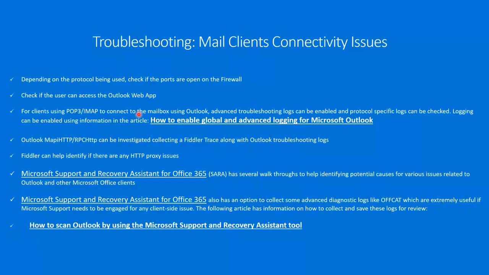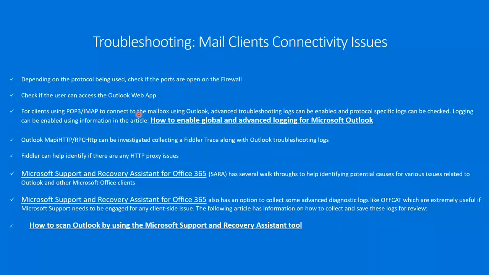Fiddler is one of the tools to see what are the network transactions that are happening during that particular session. SARA helps to understand if there is an issue with your Office clients themselves causing this issue related to mail flow. And OffCAT is another tool which is now integrated with SARA.